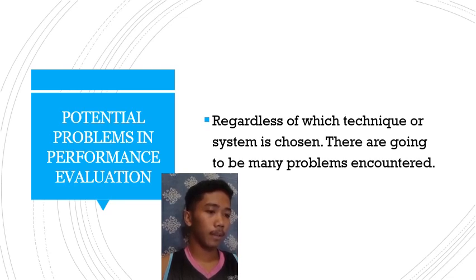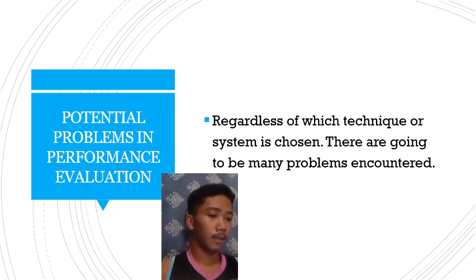And number three, the design can be blamed if the criteria for evaluation are poor, or the system is more form than substance, if the criteria used focus solely on activities rather than outputs. And the last one, some evaluation techniques take a long time to carry out or require extensive written analysis, both of which many managers resist.